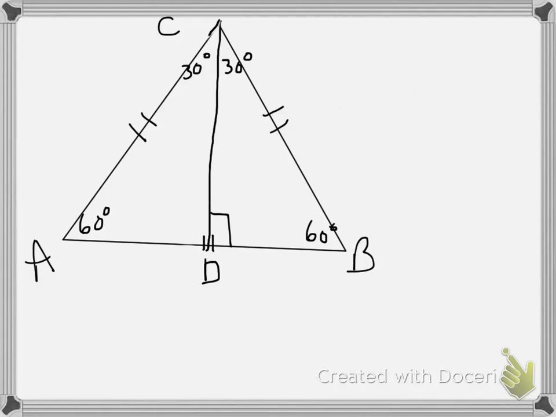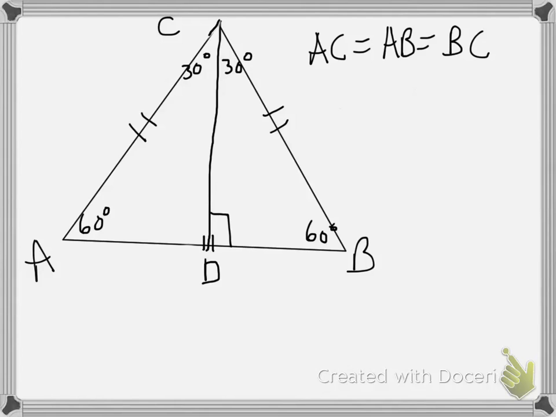Well, we already know they're the same, because it's an equilateral triangle. We also know that we took the bottom side, AB. AC equals AB, which equals BC, because it's equilateral.